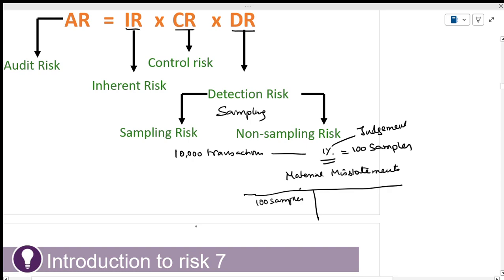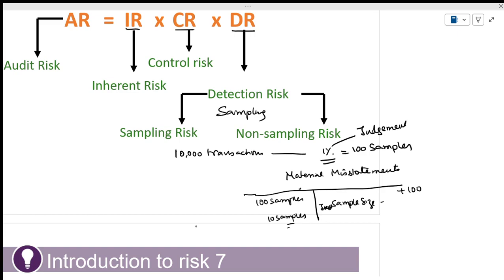Now in 100 samples, assume you have errors in 10 samples. Your judgment matters. You will increase the sample size and add another 100 samples. Instead of 100, you will take 200: the 100 previous ones and an additional 100.